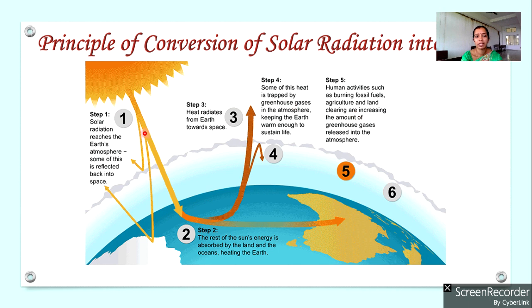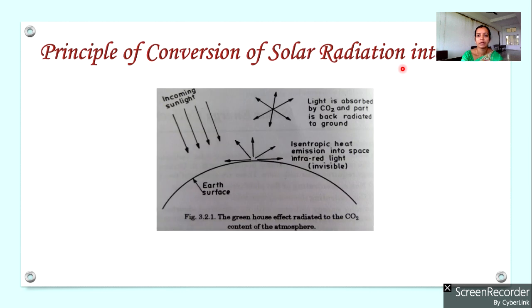So we have seen the entire steps in the principle of conversion of solar radiation into heat. We can simply draw the diagram like this. The incoming solar radiation hits the Earth's surface.